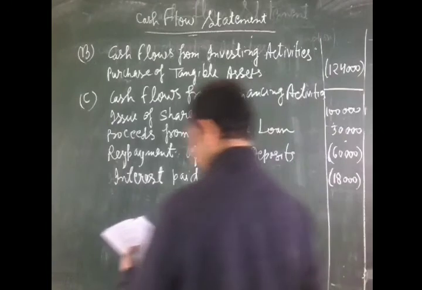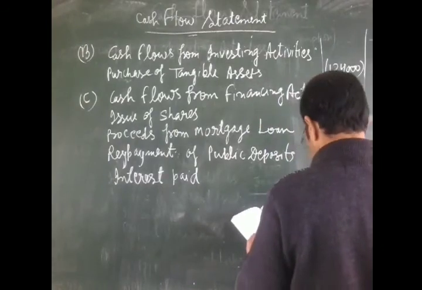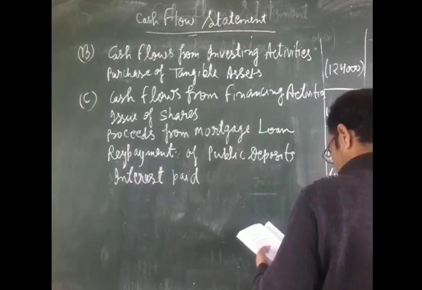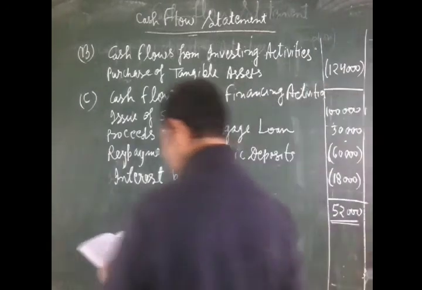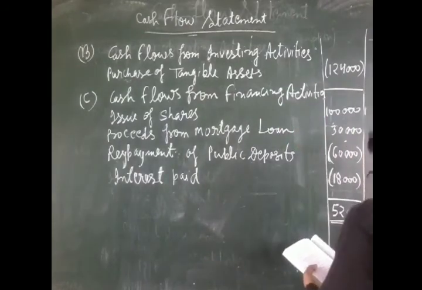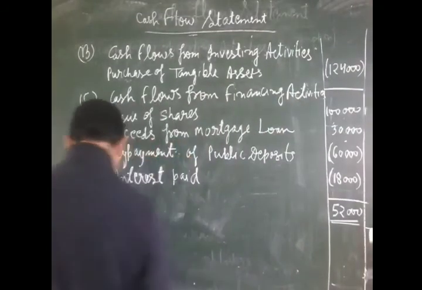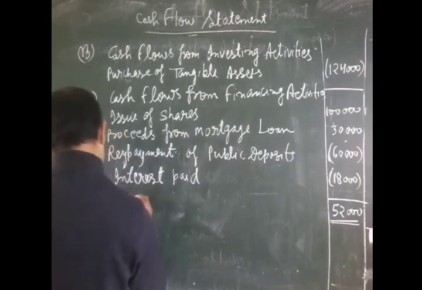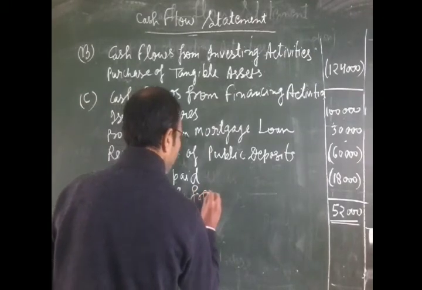And in this way, whenever we add all these items, the amount will come 52,000, and this 52,000 will also come in the outer column. And after doing this, whenever we add all these items, 62,000 will come in minus, and it will be called net cash from financing activity.